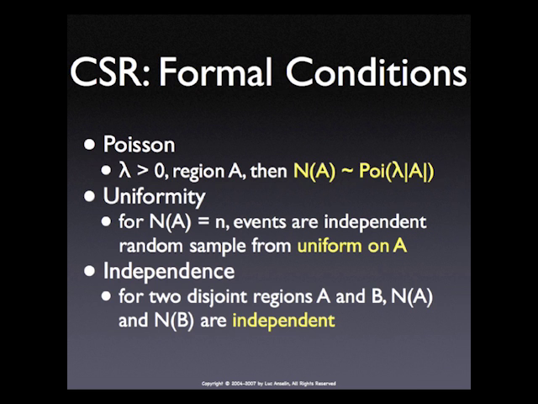So the fact that you have more points in A has nothing to do with how many points you have in B. And that's very important because it takes out any interaction, any contagion. These are the kinds of processes that we're interested in. But in this benchmark process, we don't want them. We want complete independence.